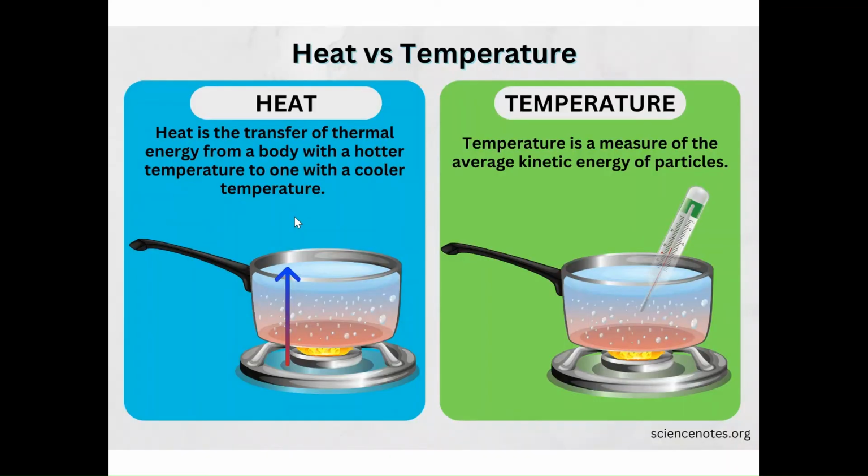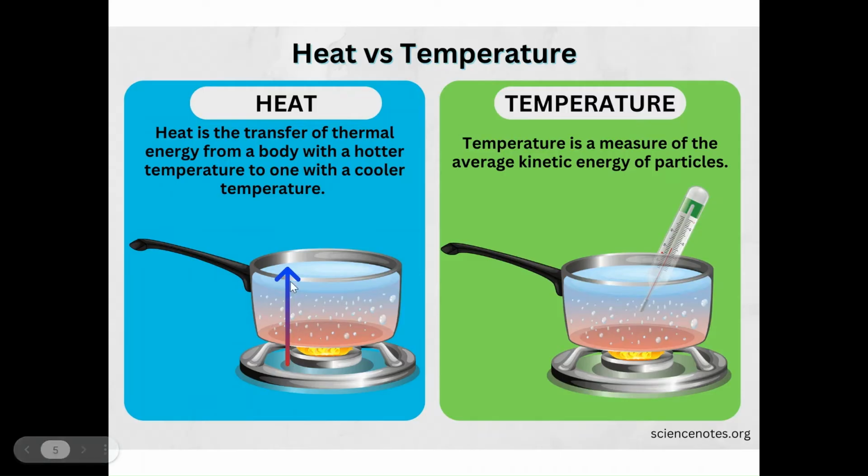Okay? So, the big difference between heat and temperature is that heat is basically how much energy is being given into an object, and temperature is basically you checking how much energy that is. So heat is how much energy is being released. Temperature is just measuring how much energy got released.